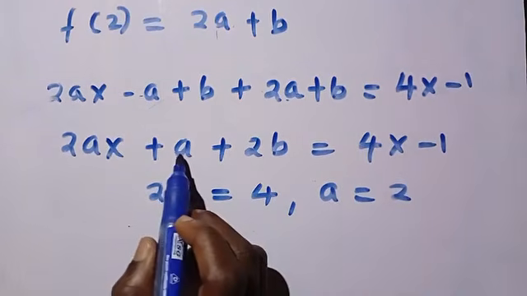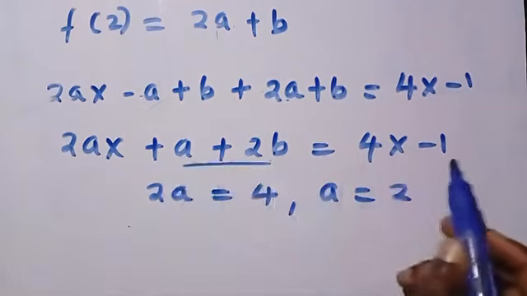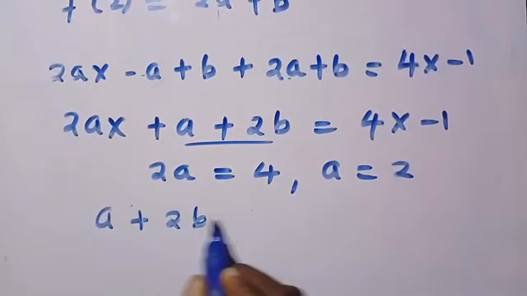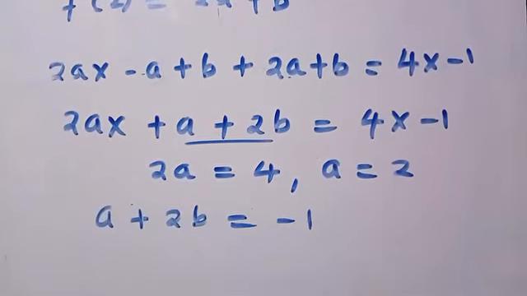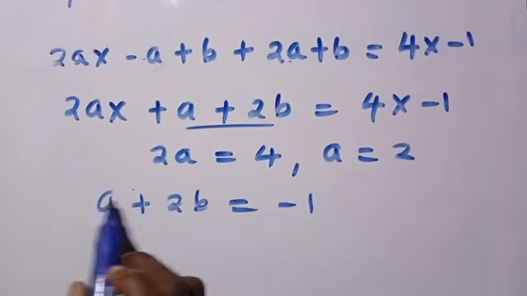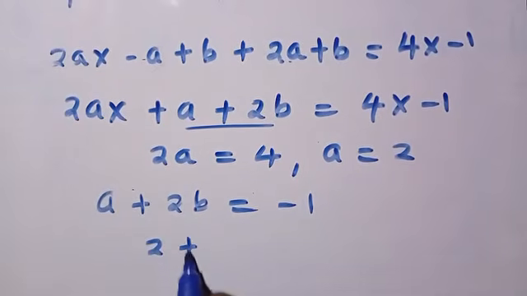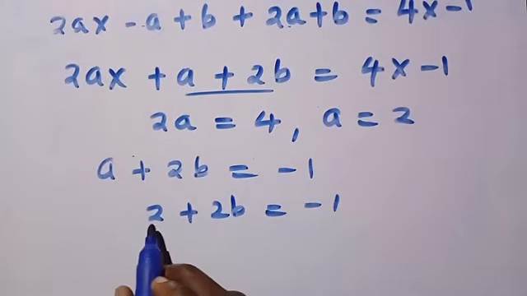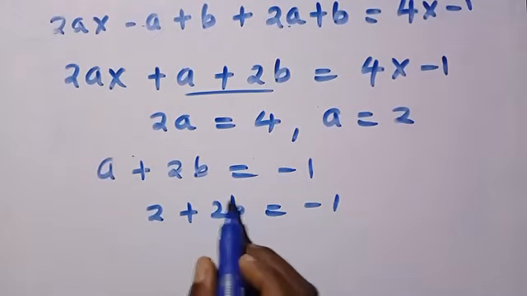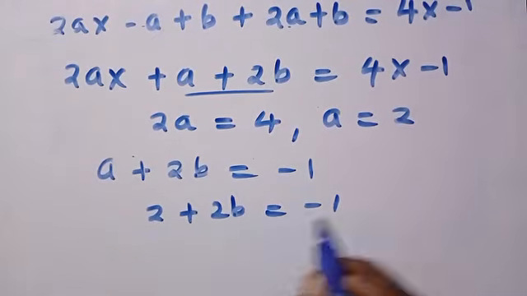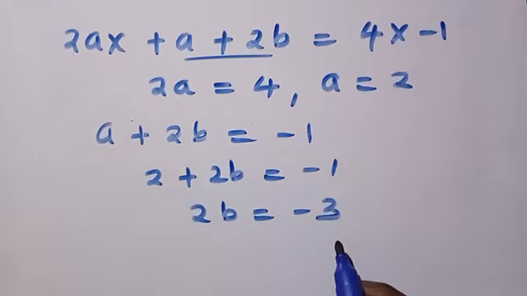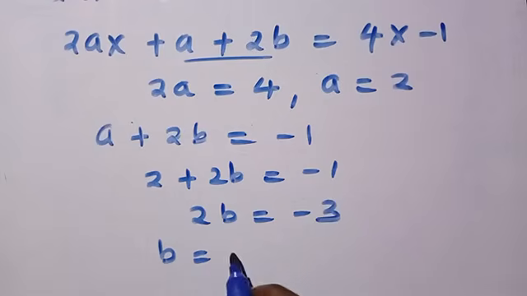Again for this, all these are constants, which equal minus 1. By adding a plus 2b, this equals minus 1. And a is given as 2, so 2 plus 2b equals minus 1. Making 2b the subject and transferring this one here, we are going to have 2b equals minus 3. Therefore, b equals minus 3 over 2.